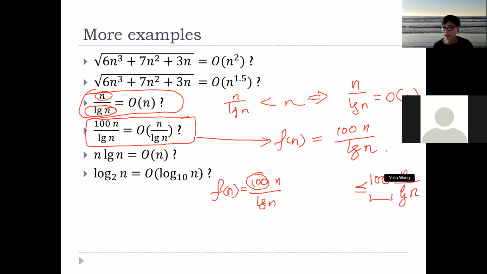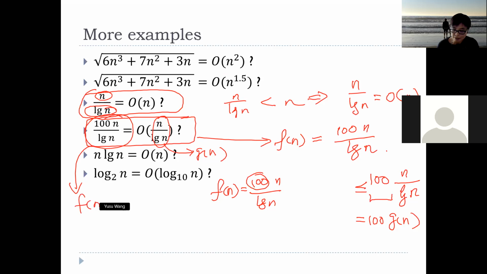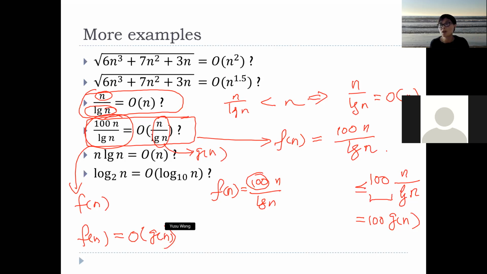So by definition, if this is g of n and this is f of n, then clearly f of n is smaller than 100 times g of n. As such, they do have the big O relation. I'm using this example to make the point that when we say f of n is in the big O of g of n, it is different from the standard smaller than or equal to.